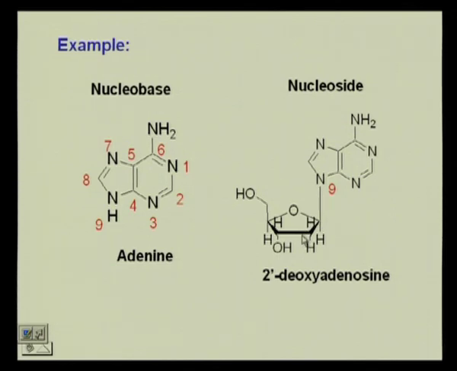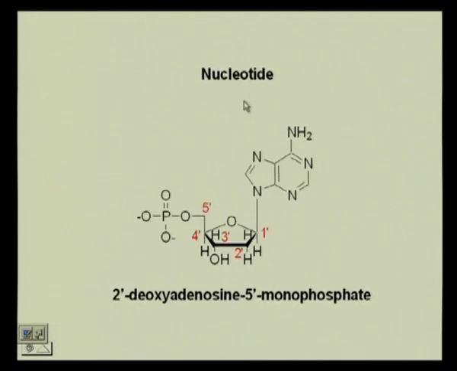The sugar in this case is 2 prime deoxy, which means there is just the H here, there is no O. Then we have our nucleotide, which is 2 prime deoxy adenosine 5 prime monophosphate, but I could have just written this as dAMP.